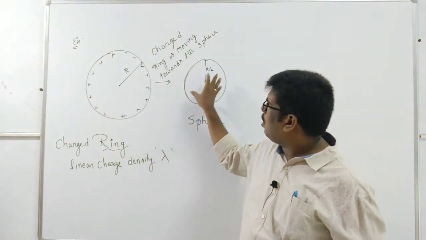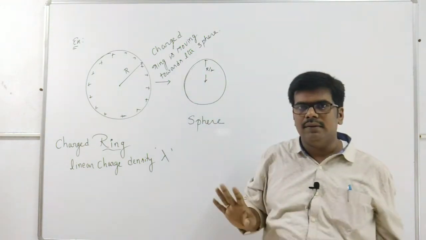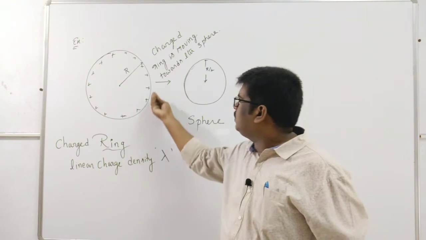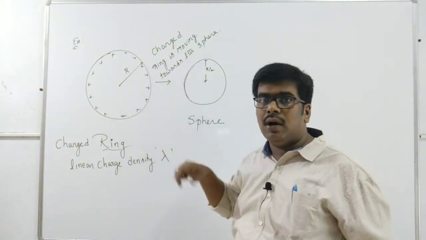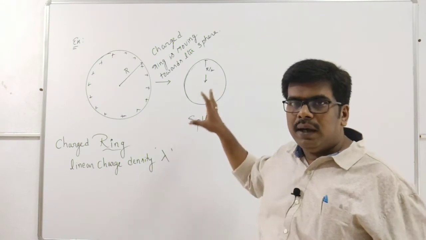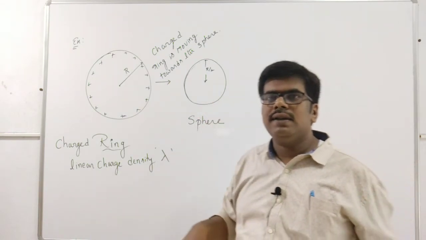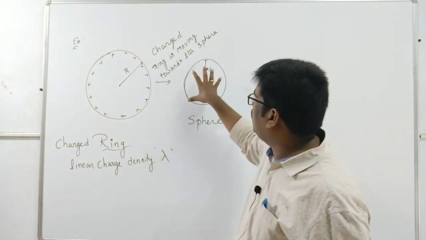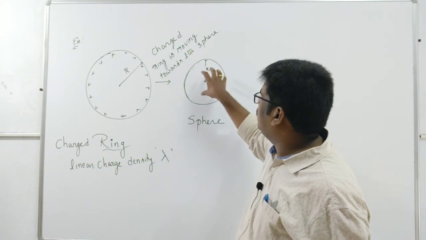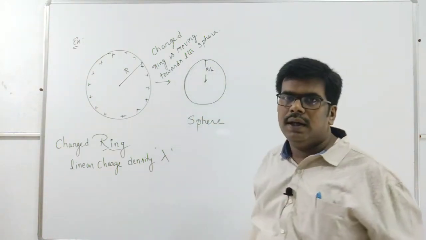If it is not enclosing any charge, then the flux through it is 0. But once this ring slowly passes inside the sphere, the sphere encloses some charge. If the sphere encloses some charge, then definitely you can expect some flux will be produced. Some flux will emanate from this sphere.